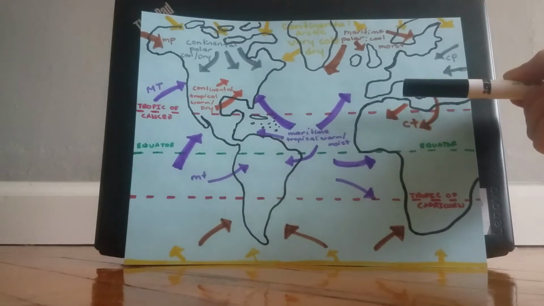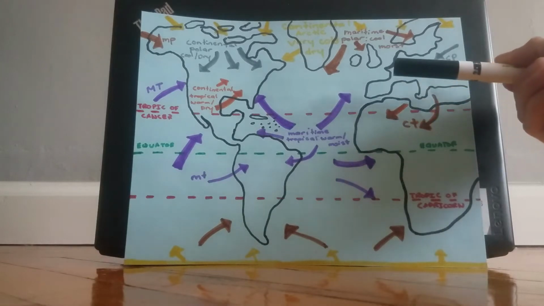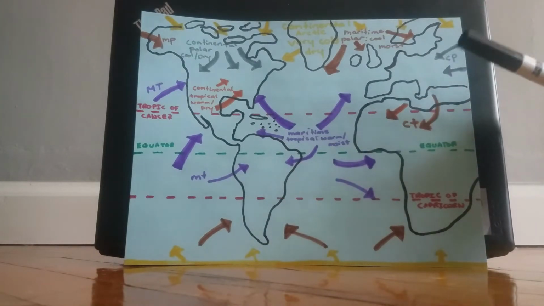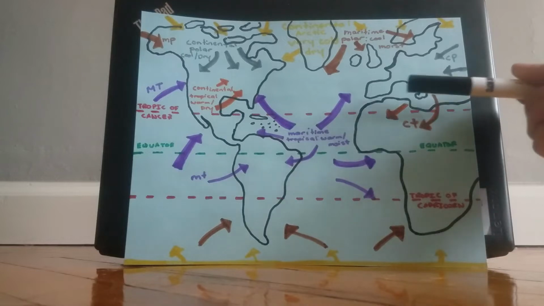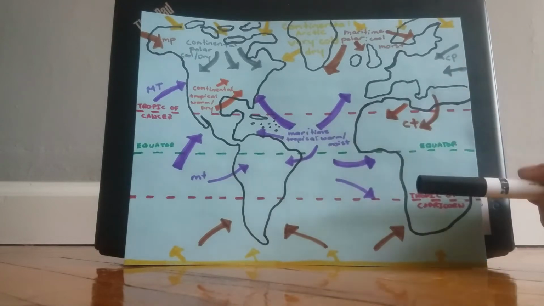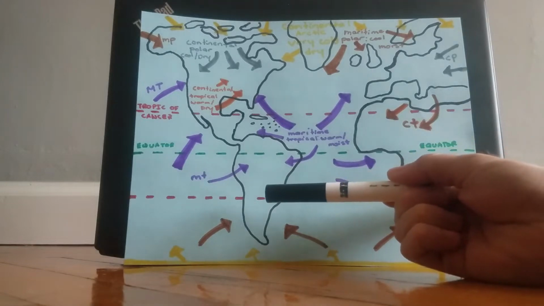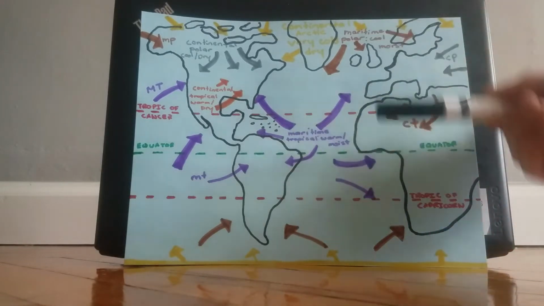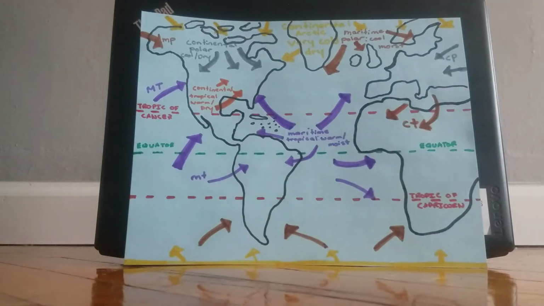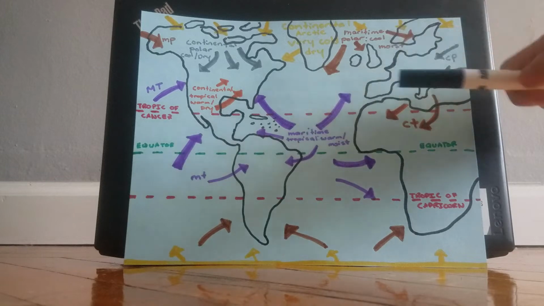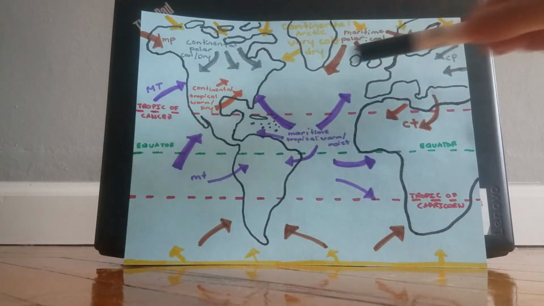Everything under the Tropic of Cancer, around Cuba, Cancun, Northern Africa, and then going down to just above South Africa, around Argentina, everything in between these has a very consistently hot climate. We call these the tropics. Everything above here is where you get your seasons, because they're affected by the tilt.